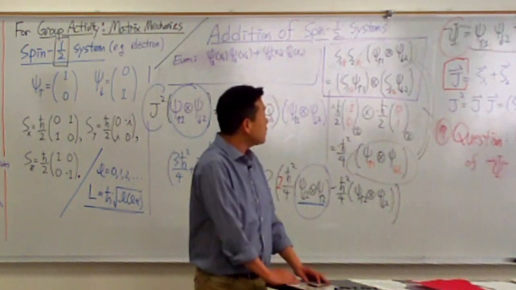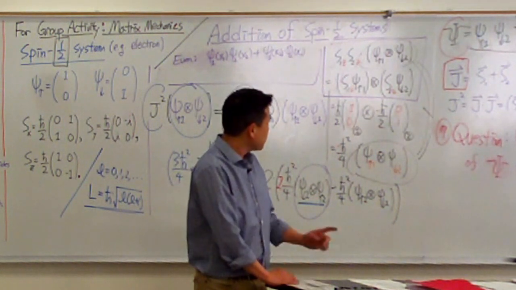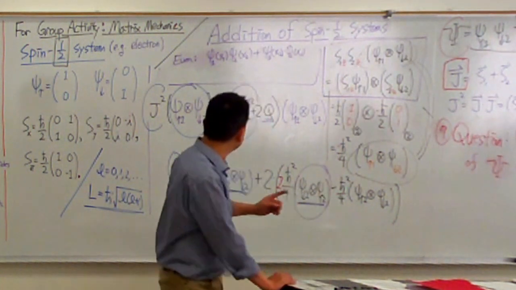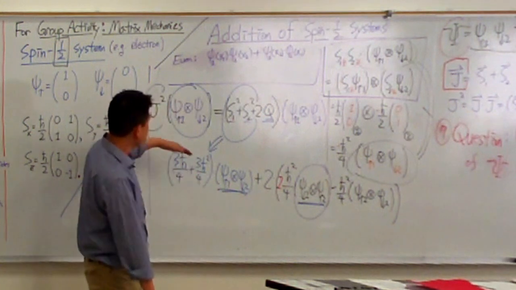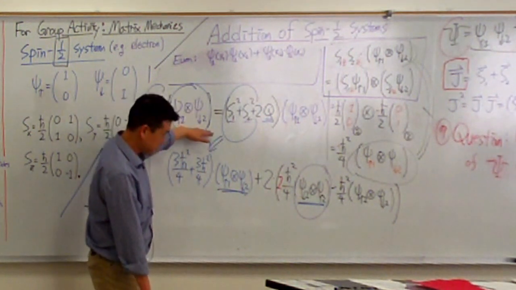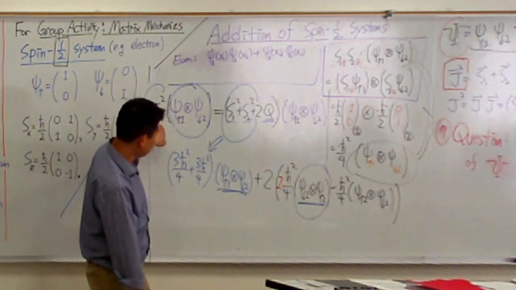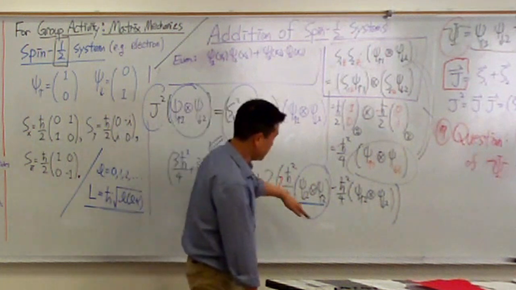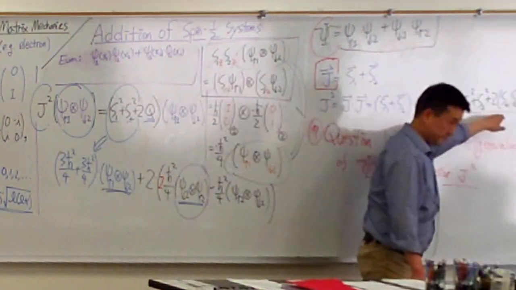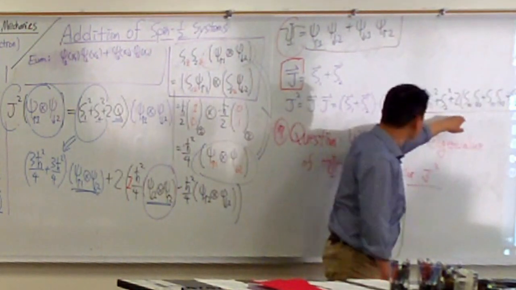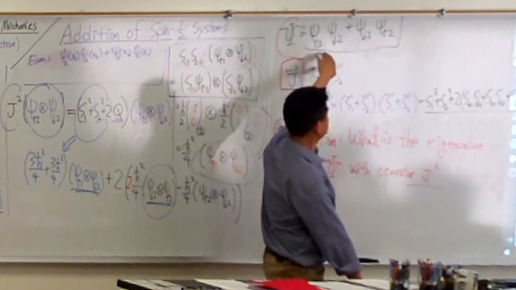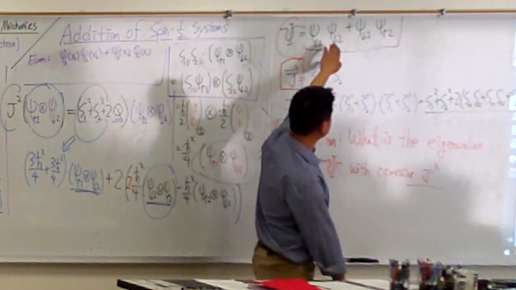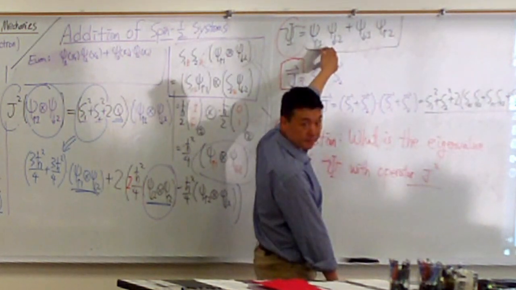So if you're staring, I would recommend that you start out with something like this, expand this out to this, acting on these two. Actually, you've seen me do it for one of them already.